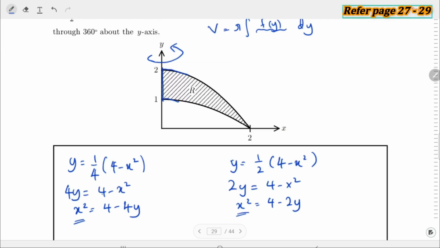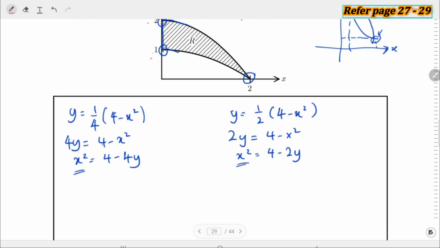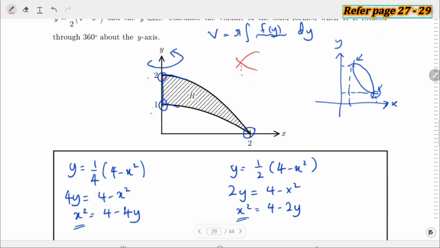So for the volume, when we look at the region bounded by these two curves and the y-axis, we know that the bigger function must subtract the smaller function. In this case, the bigger one is from 0 to 2, and it will be subtracted by the one from 0 to 1.